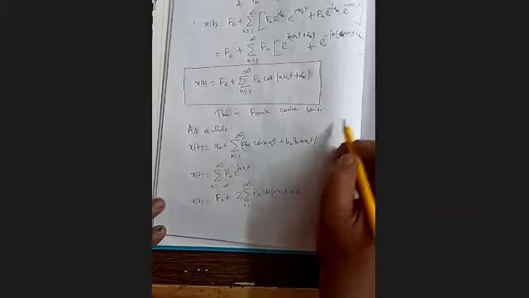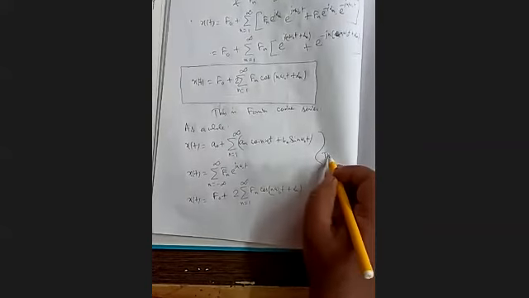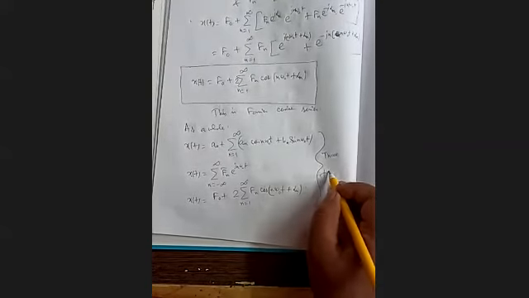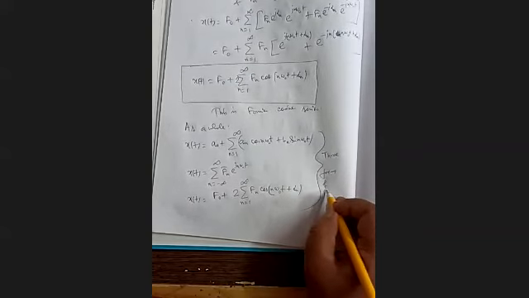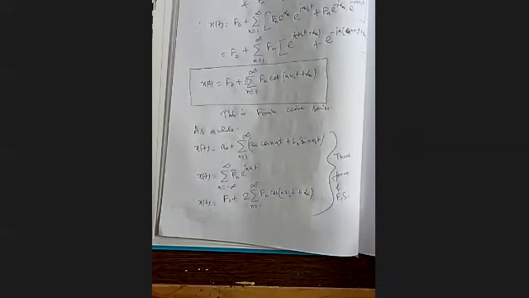These are the three forms of Fourier series. Note that these are not the only three forms. There is the Fourier sine series also possible. Okay, so you're not writing it.